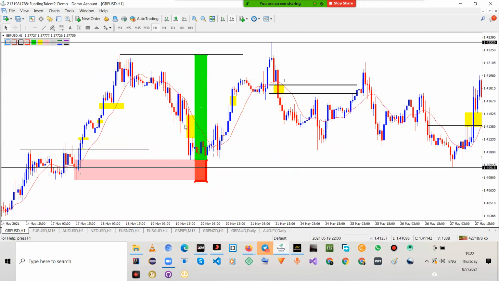As you can also see right here, we have a yellow box of a candlestick value gap. We know that it is going to be filled and we're looking to take a buy order. From this point, because of this wick right here, this trade would be invalid.